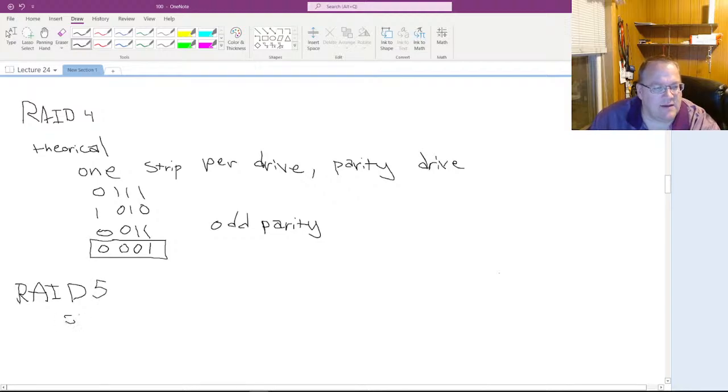So this is the same as 4, except the parity, I'm going to call it the parity strip, rotates where it's going to be.